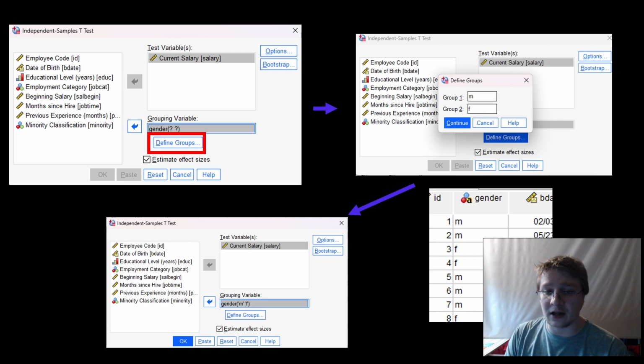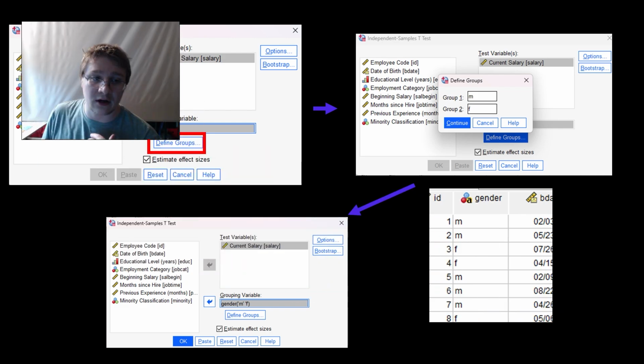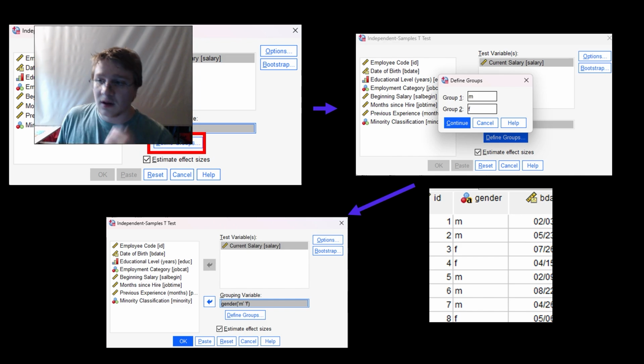In this new dialog box that pops up, you want to tell SPSS how your two groups are labeled so that it knows what to look for. Sometimes it's categorized as 0 or 1.